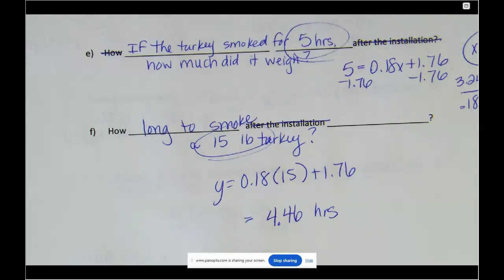I want you to start it and work on it for 5 minutes, and then I'm going to give you extra class time tomorrow, because you have to have a calculator to do linear regression.